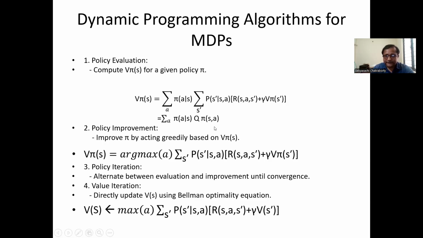So this is typically equal to the sum of pi of A given S times Q pi of S and A. Q is the Q value function under the policy, which is a function of the current state and action, multiplied by the probability that the action is taken. This product again represents the actual potential of the current state if action A is chosen.